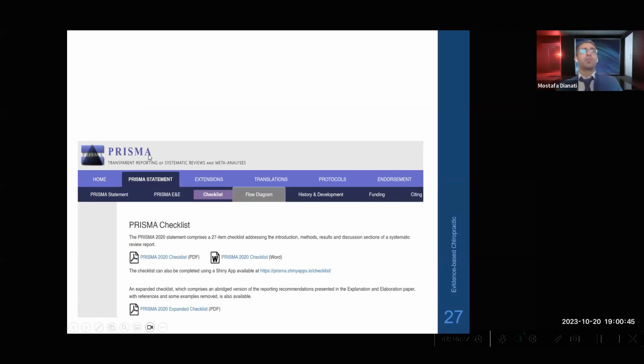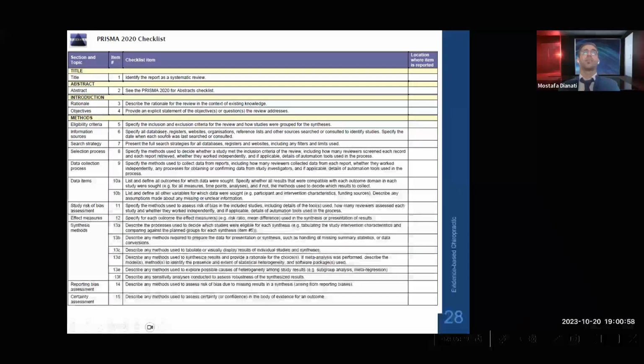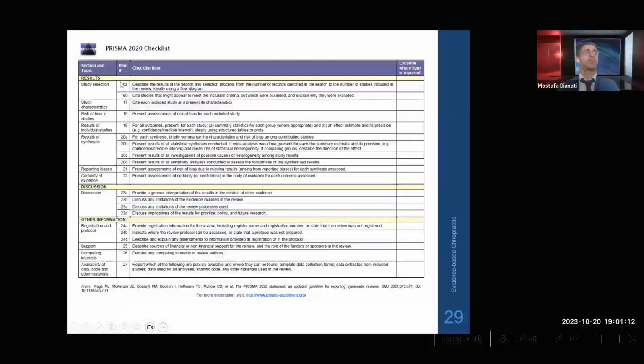And this is the PRISMA statement. Please make sure that you fill out all the elements in the PRISMA checklist that I'm going to show you, downloaded from this website. It is exactly the same as the previous protocol that we had for international studies, with items for title, abstract, introduction, methods, and also results, discussion, and other information.